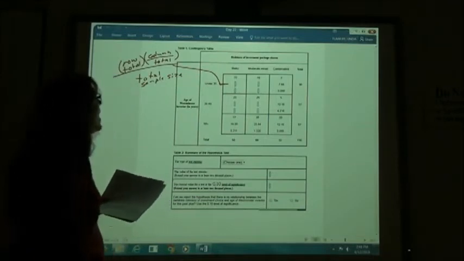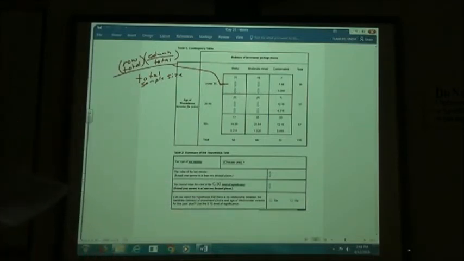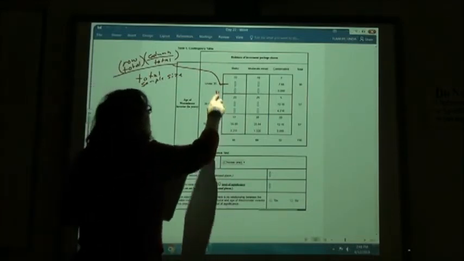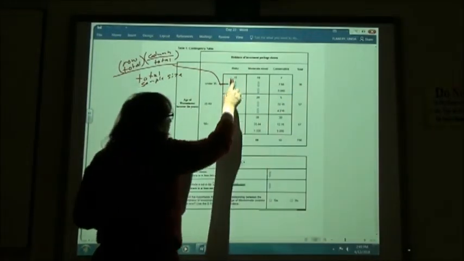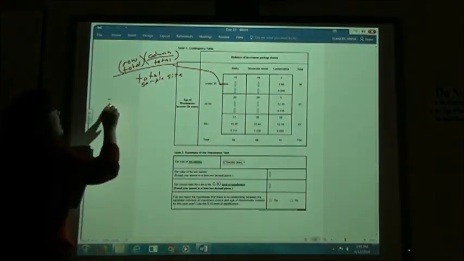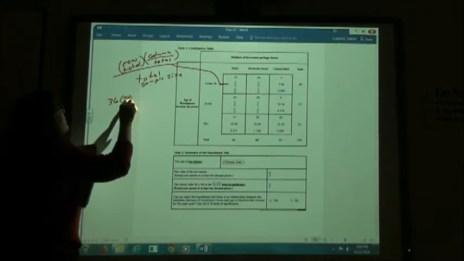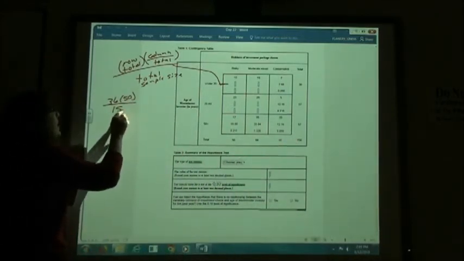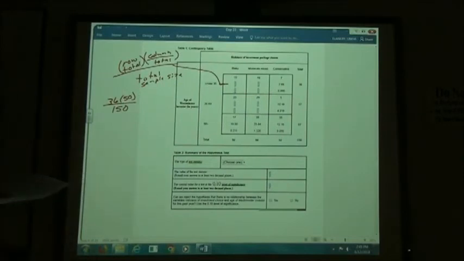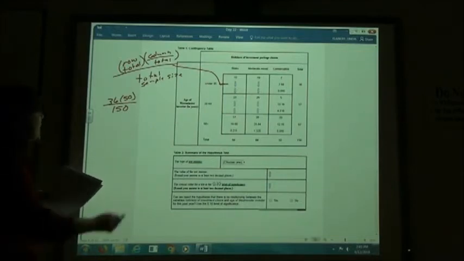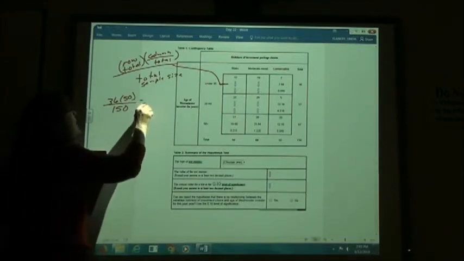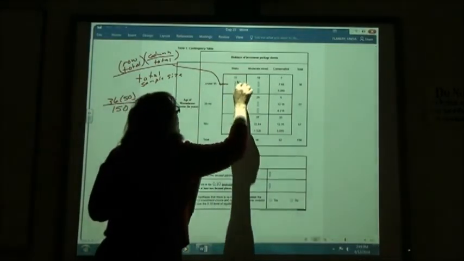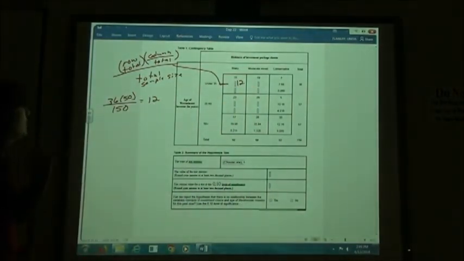I'm going to do them all in red, and then I'll switch colors for the bottom. So on the first one, my row total is 36, my column total is 50. So 36 times 50 divided by my sample size of 150. If you go ahead and do that calculation, you get an answer of 12. So 12 goes in your top box.